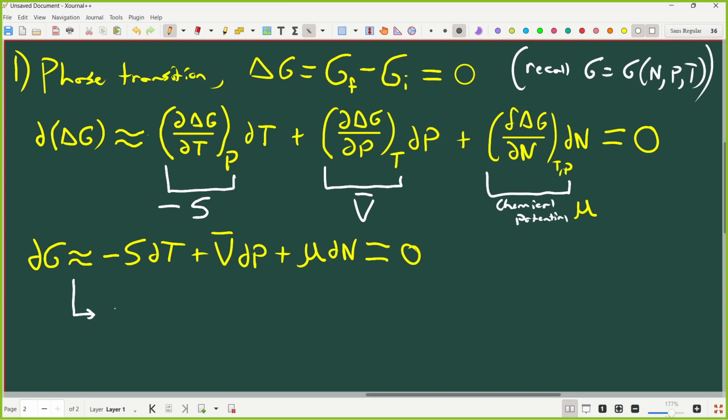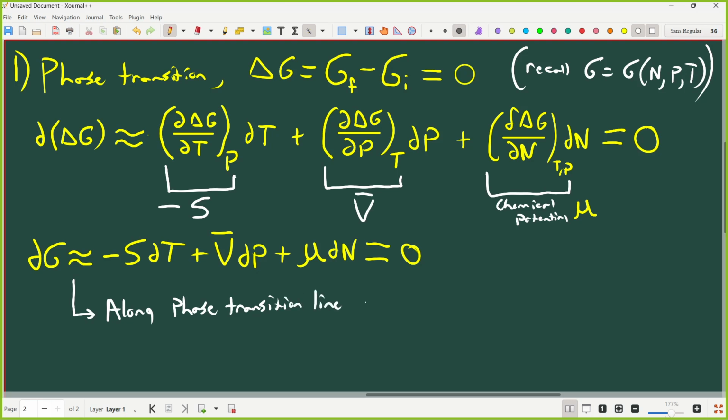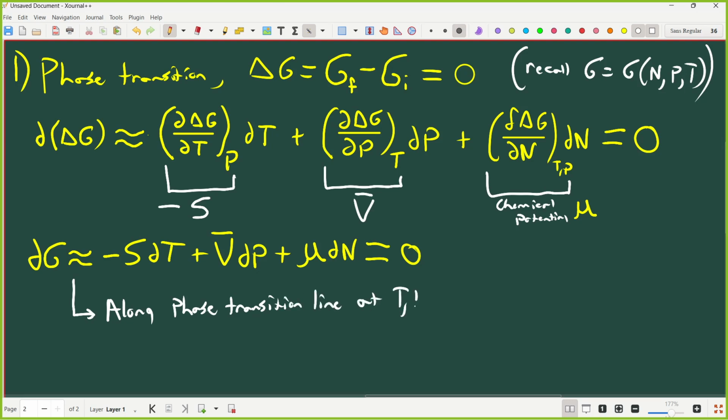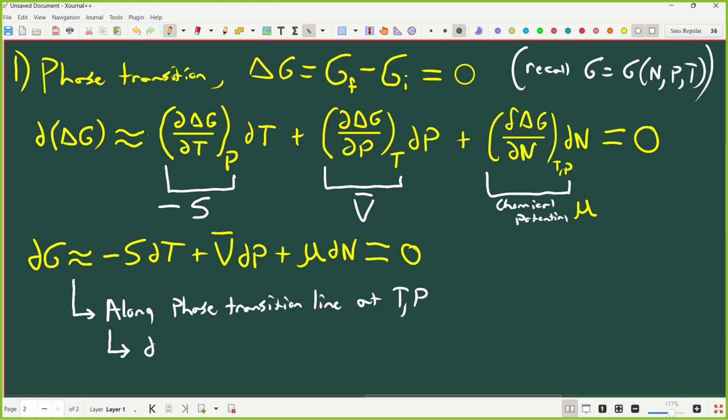So we're along the phase transition line, at T and P. So at this line, we can say that dT and dP are 0.